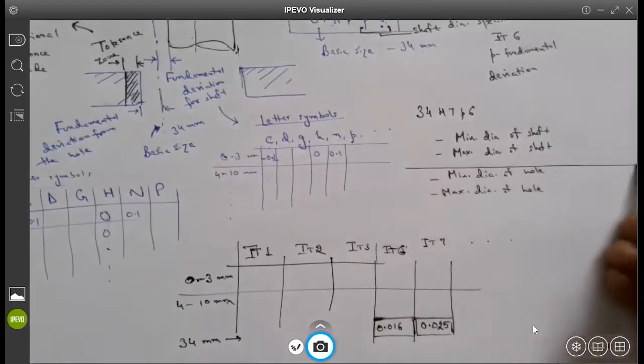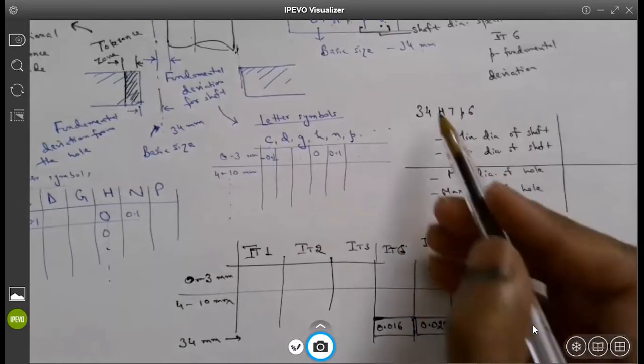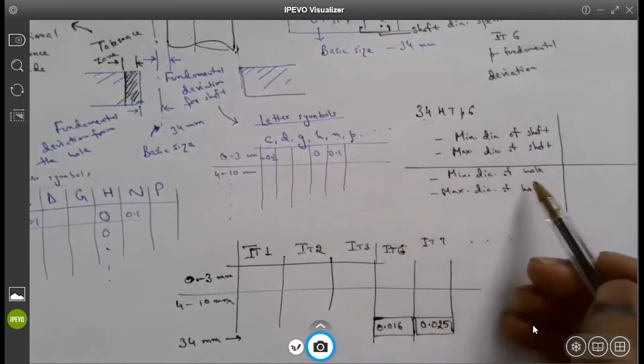So we are going to find that out. How do we find that? Let's say we are talking about the hole now.